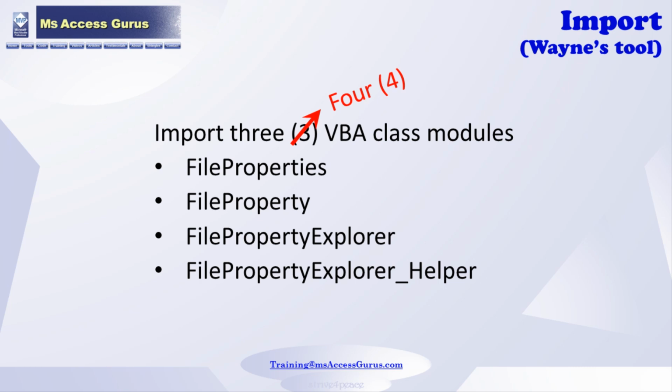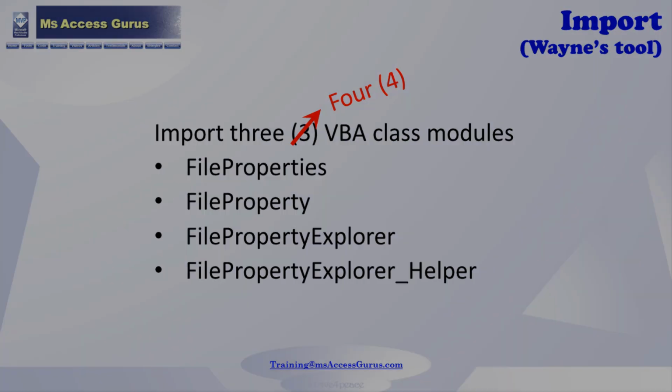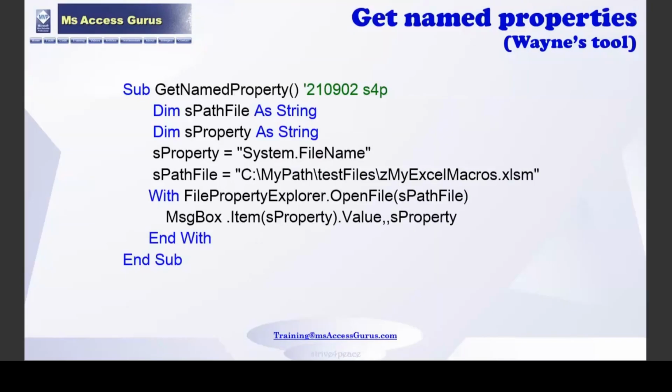But Wayne has this really unusual way of hiding things in plain sight, which I'll show you when we actually start looking at the code in the database. So you'll be getting 3 VBA class modules out of his database if you want to put this capability into another database. Then once you have those modules, this is how easy it is.